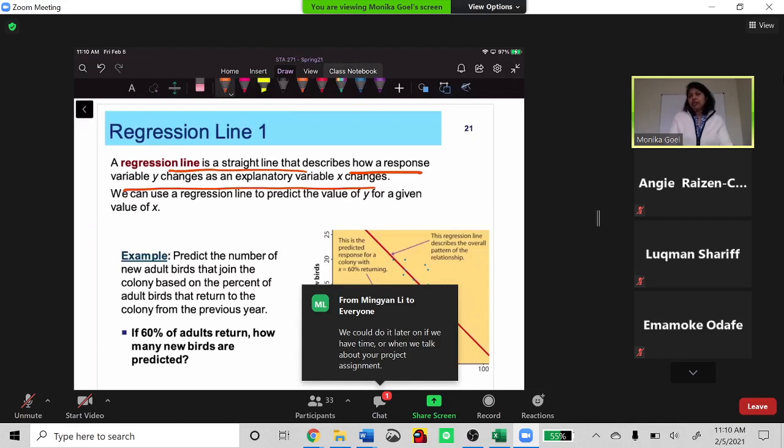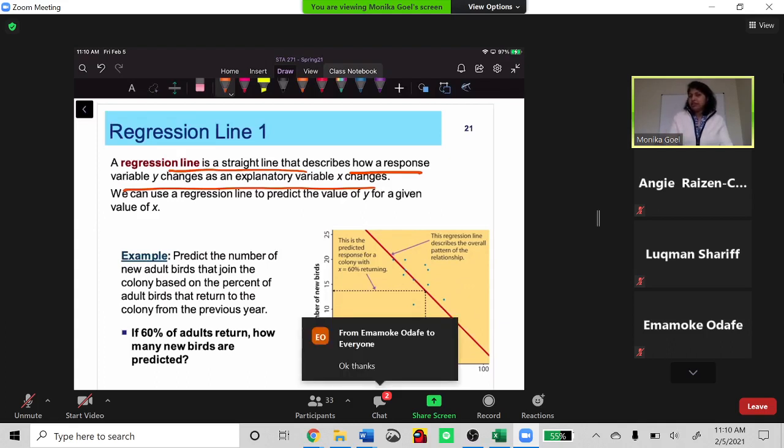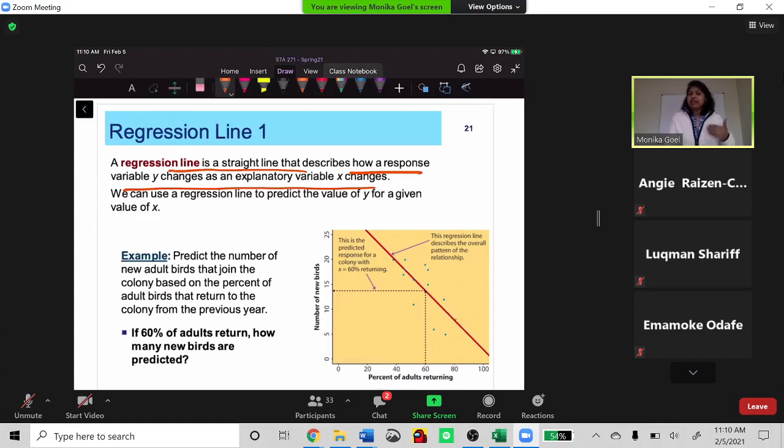Once you know there is a linear pattern, and I know what my explanatory and response variables are, I want to see how my y reacts when my x changes. Does it stay the same? Does it go up or down, and how much? So we can draw a line and try to predict the values of y using the values of x.